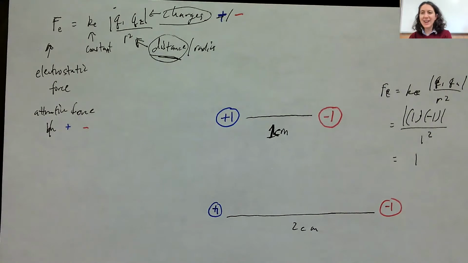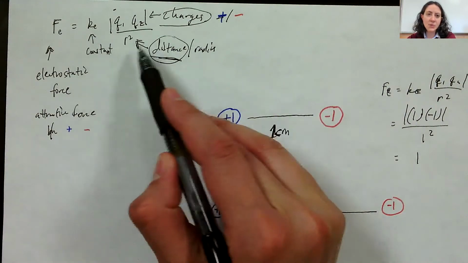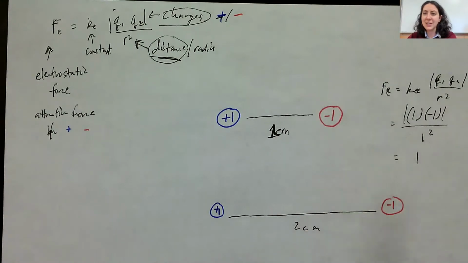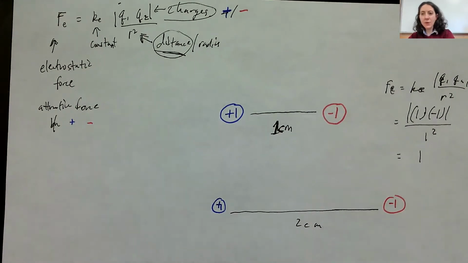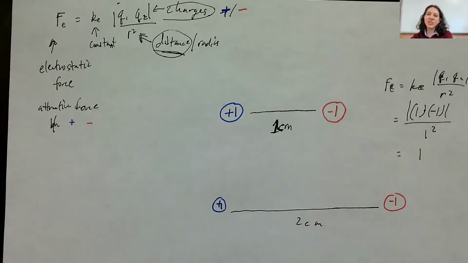So what do we think is going to happen to the attractive forces? Well, from a mathematical standpoint, to get the new force, we're going to have to divide by the distance squared. So if they're further apart, the number on the bottom is going to be bigger, which means we're dividing by a bigger number, which means we should end up with a smaller number.